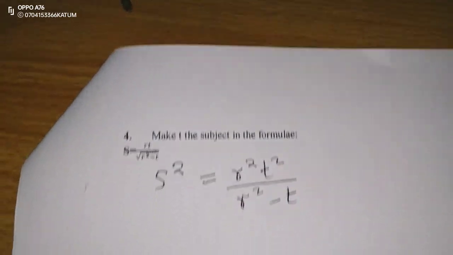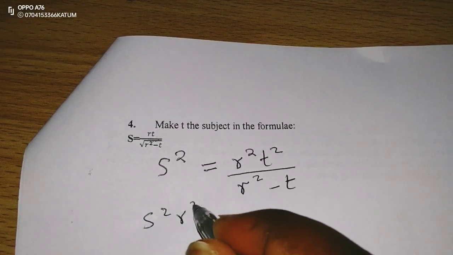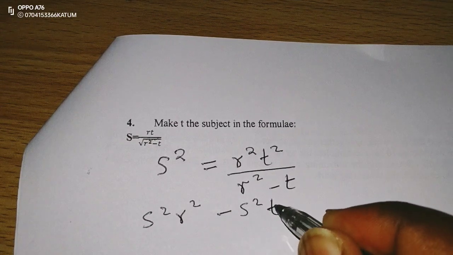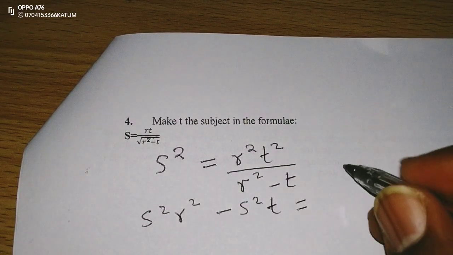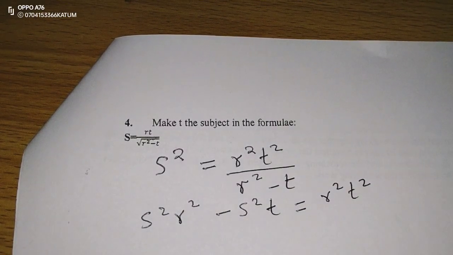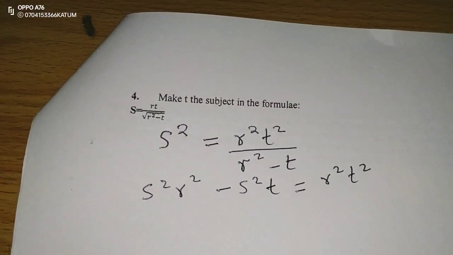Then we cross multiply now, so that we have s squared r squared minus s squared t, equals, we have multiplied these ones with s squared, equals r squared t squared. We are making t the subject, so we start with the term that is having t.